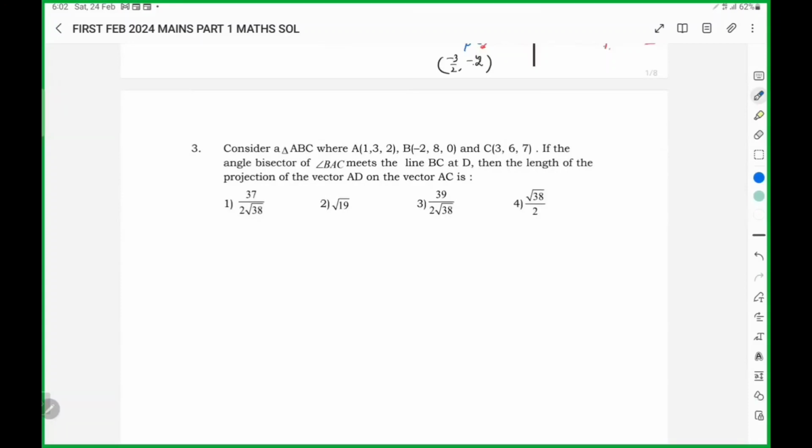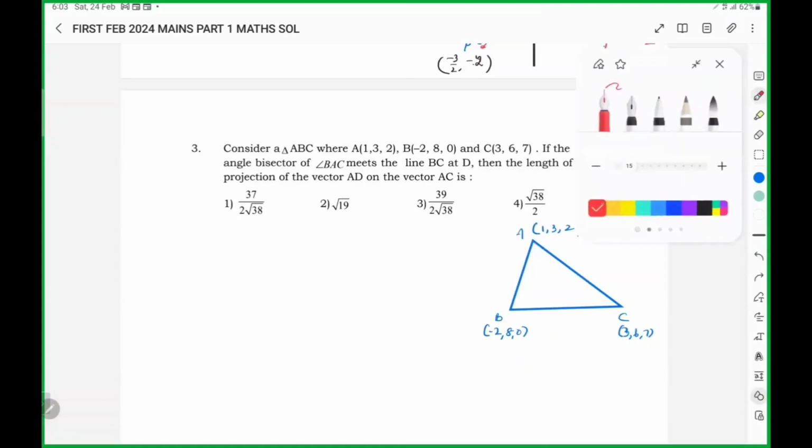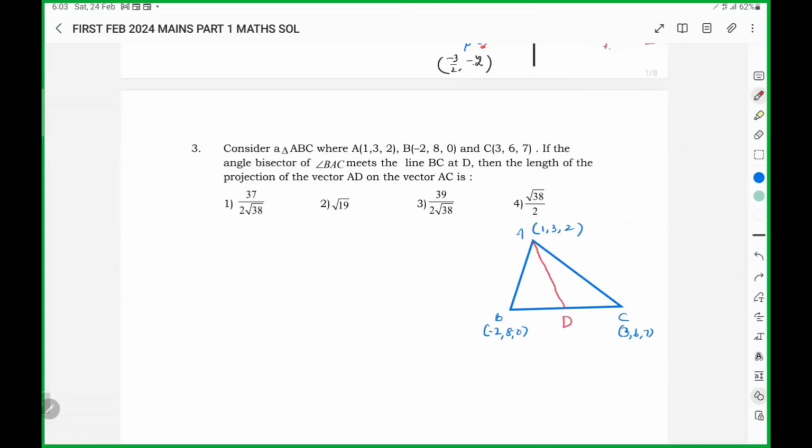Here, triangle ABC. This question has been given repeatedly in many exams. ABC is a triangle with vertices (1, 3, 2) and (3, 6, 7). If the angle bisector of angle BAC meets the line BC at D, then find the length of the projection of AD on the vector AC.